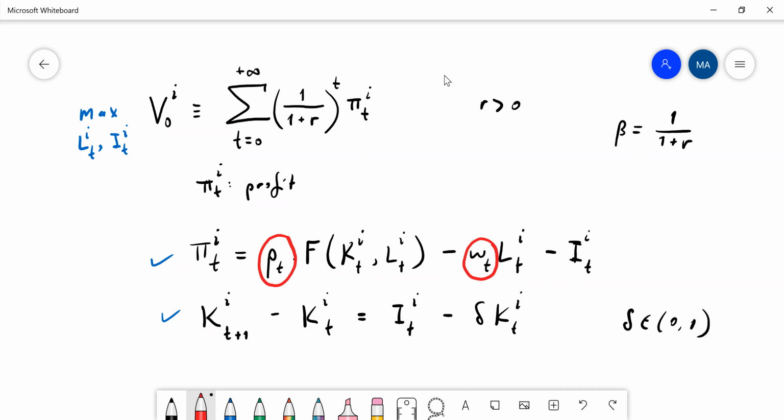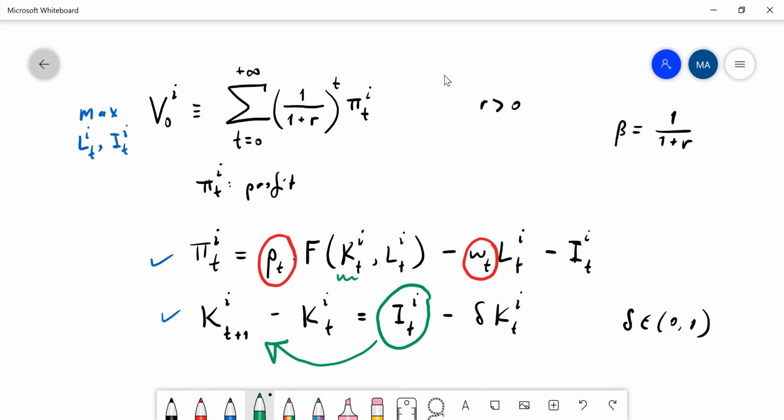So this is how you actually create a dynamic version of your general equilibrium model, because we know consumers will be caring about the future, firms will be caring about the future, and their decisions today will affect their constraints tomorrow, right? How? Well, as you see, my investment decision today affects my production level tomorrow.